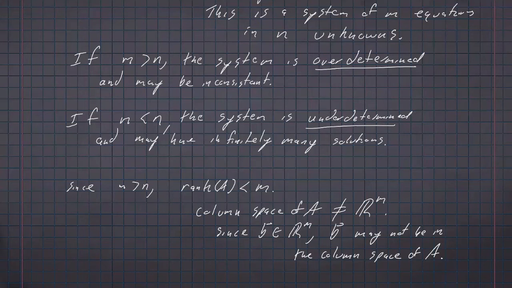And that means that there are possibilities for vector B that are not in the column space of A. And if they are not in the column space of A, then there is no solution. Right? Again, it's always possible that you have redundancy. That's why the theorem says may and not will always. But it makes it very likely that you end up with a situation that is broken.